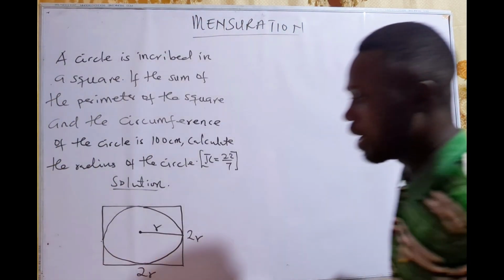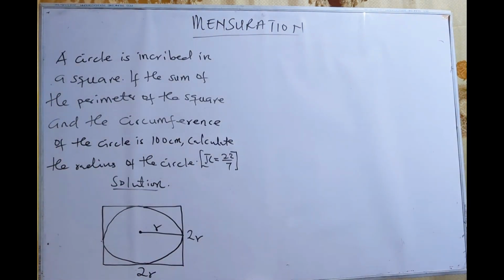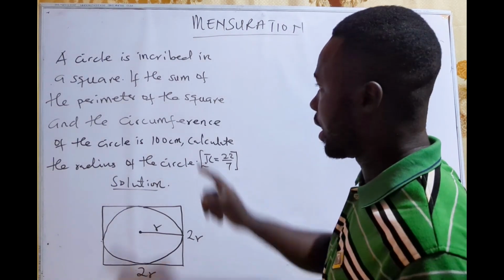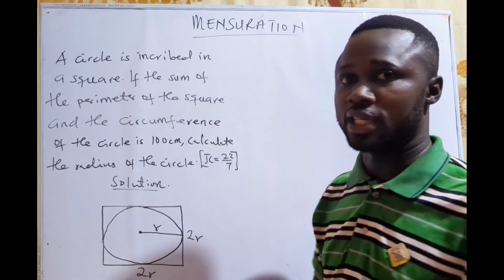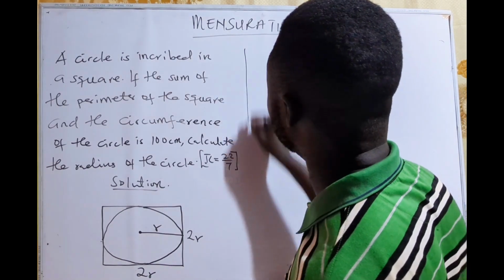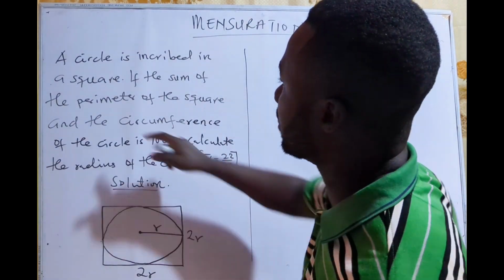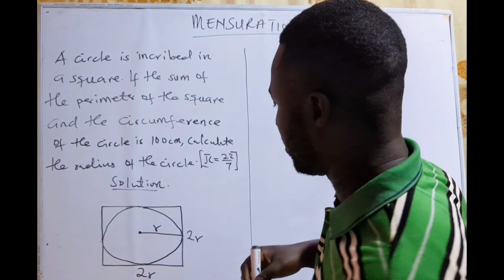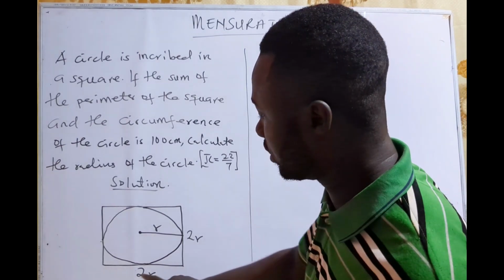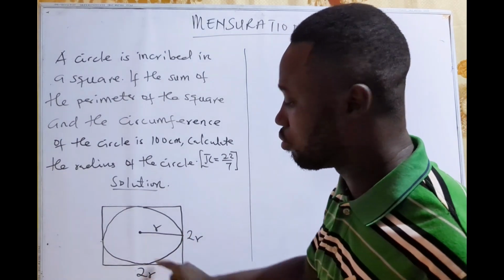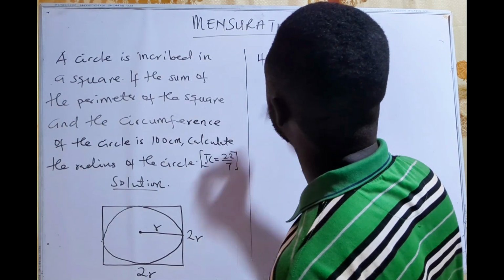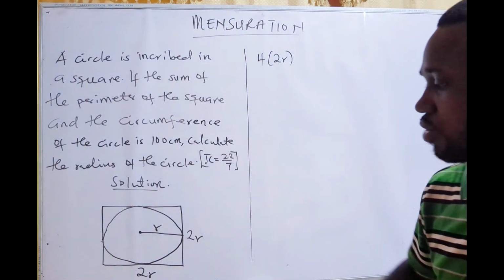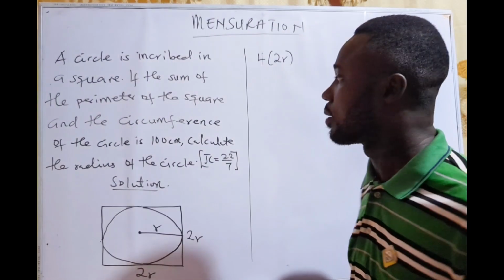So now we can add the perimeter of the square and the circumference of the circle, and then we get our answer. What is the perimeter of the square? Since the side is 2r, the perimeter is going to be 4 times 2r. That is the perimeter of the square: 1, 2, 3, 4.